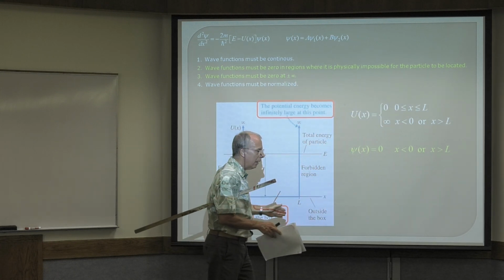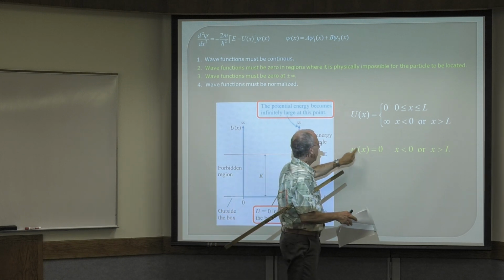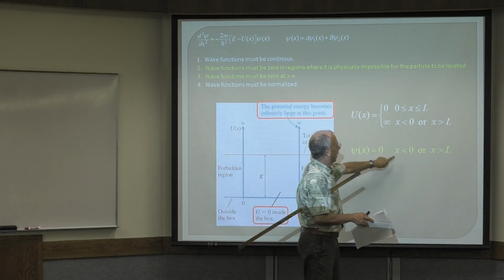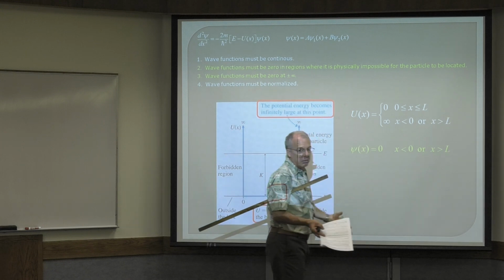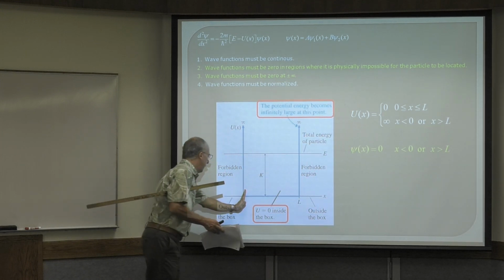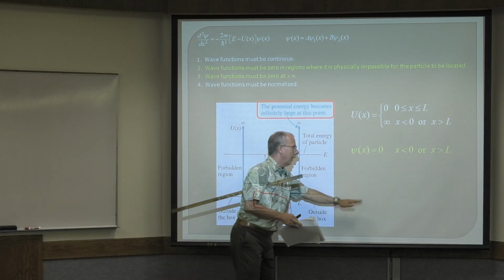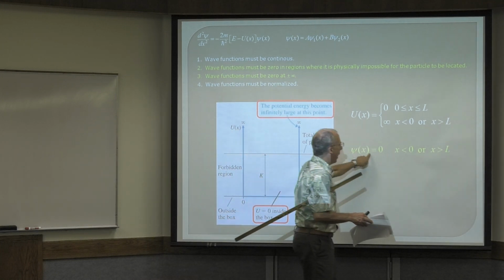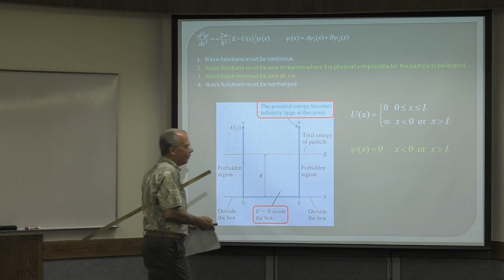Okay, what does that mean? That means we're going to require the wave function to be 0 outside the box, right? That's what this says. The wave function is 0 over here, over there. So we're going to require that. You'll see.